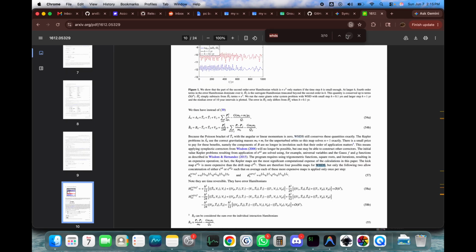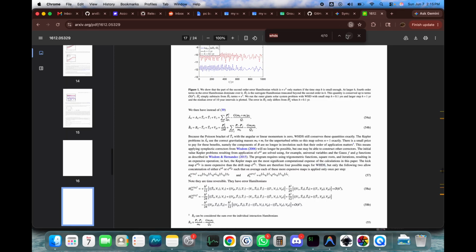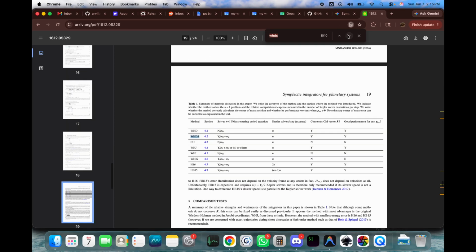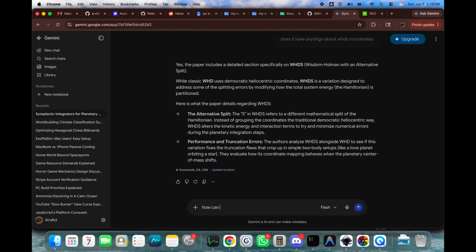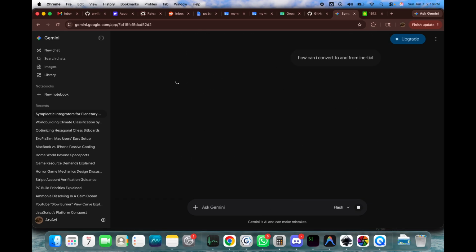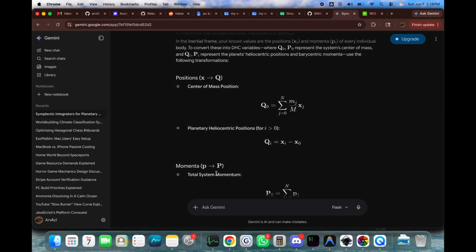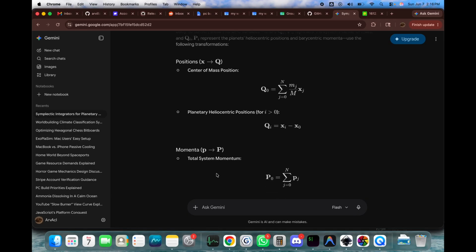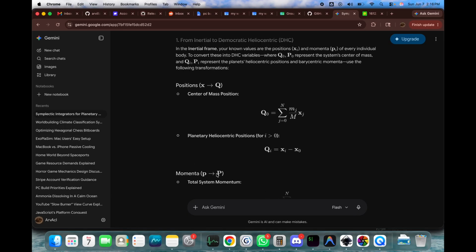This coordinates, we just have math. I'm looking for how I can convert to and from inertial. Yeah, okay, that's what I really want right now. So X is Q. So Q0 is the center of mass.